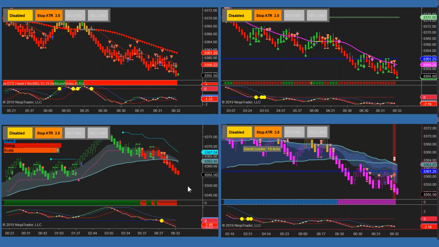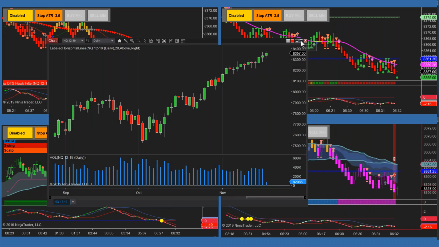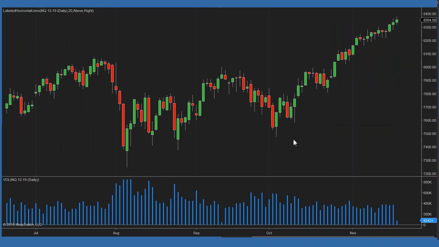The market I'm following here is the NASDAQ. That's my personal favorite, but I'd be happy to feature another market if you're interested, or perhaps a Forex market. This is now the daily NASDAQ, and you can see the market on a pretty good tear here to the upside.